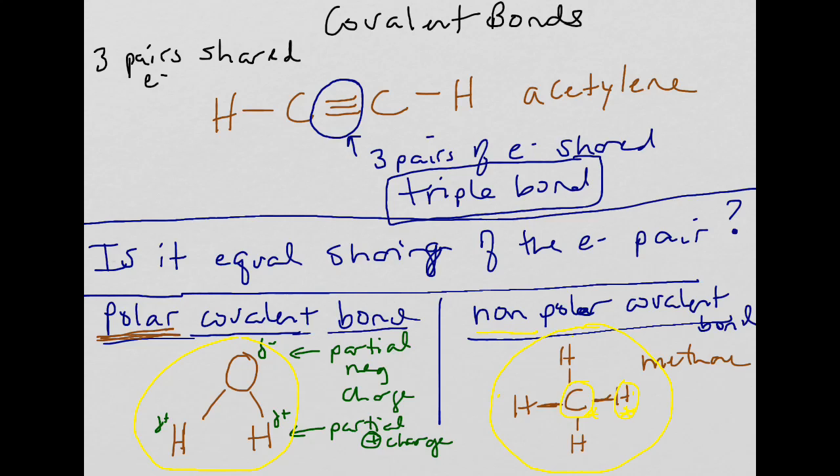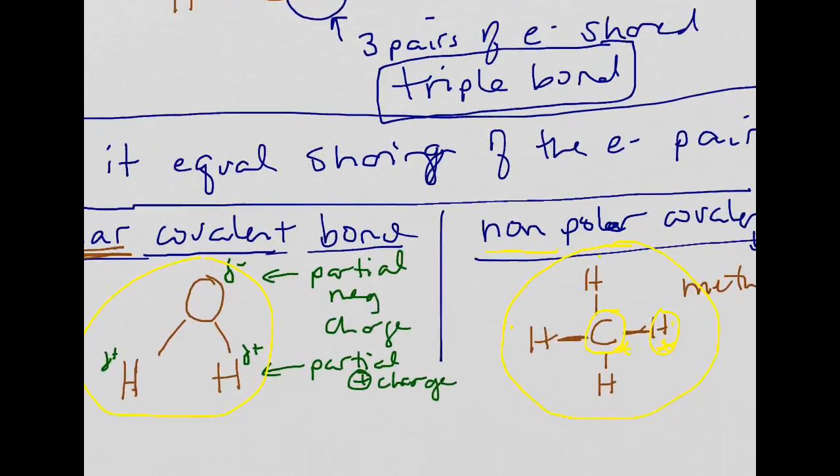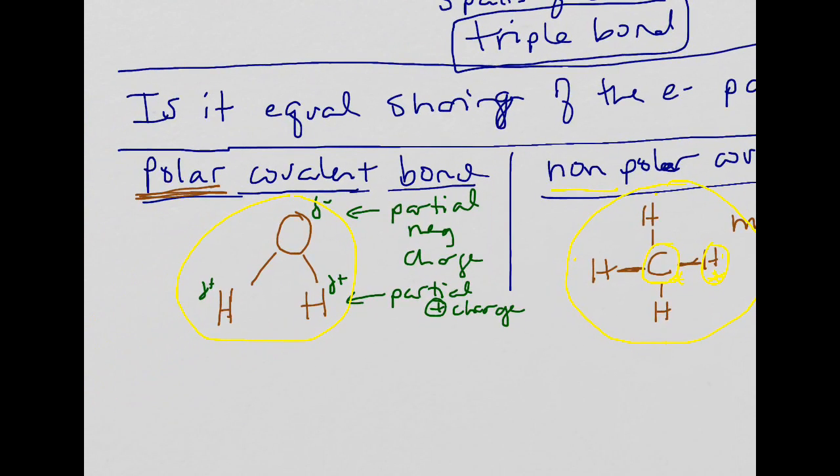So that you could just as easily draw water like this, right? It wouldn't be technically wrong at all, but it wouldn't show the polar nature of it. So I don't like to draw it like that. I like to draw them bent, to remind you guys that it's not symmetrical, and it is polar.